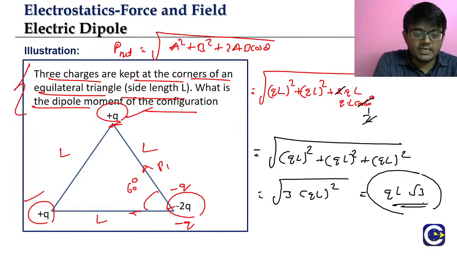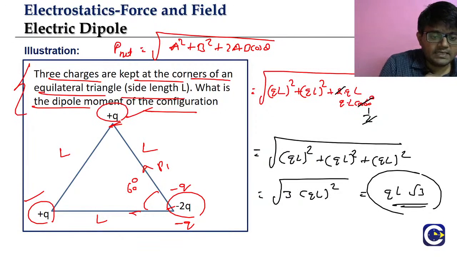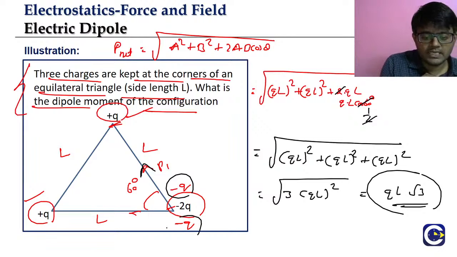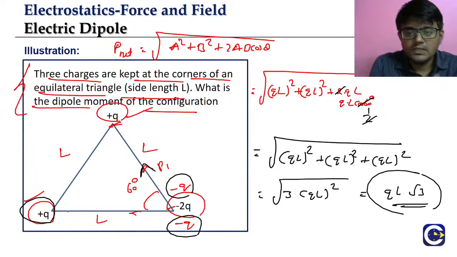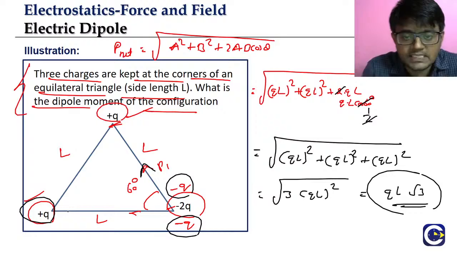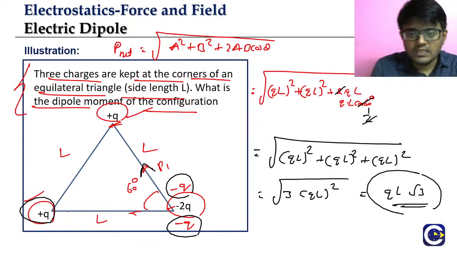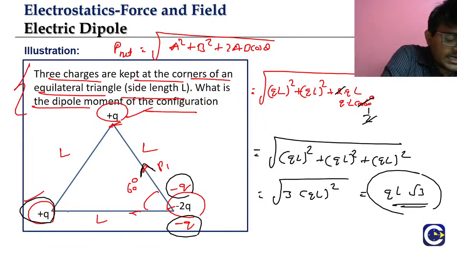We can clearly see the minus 2q can be split into minus q and another minus q. So on this side there is a dipole, a combination of minus q and plus q, and on the other side another dipole, so we have two dipoles making an angle of 60. From that we get the resultant dipole moment.